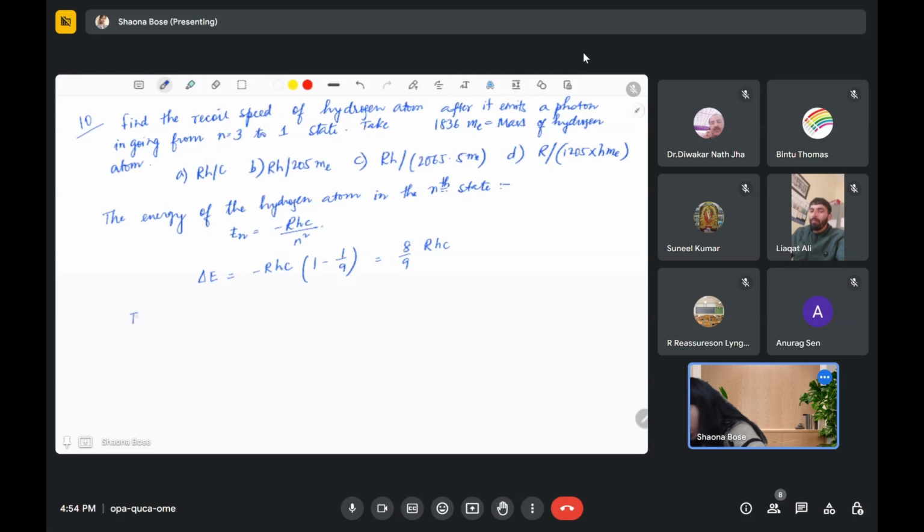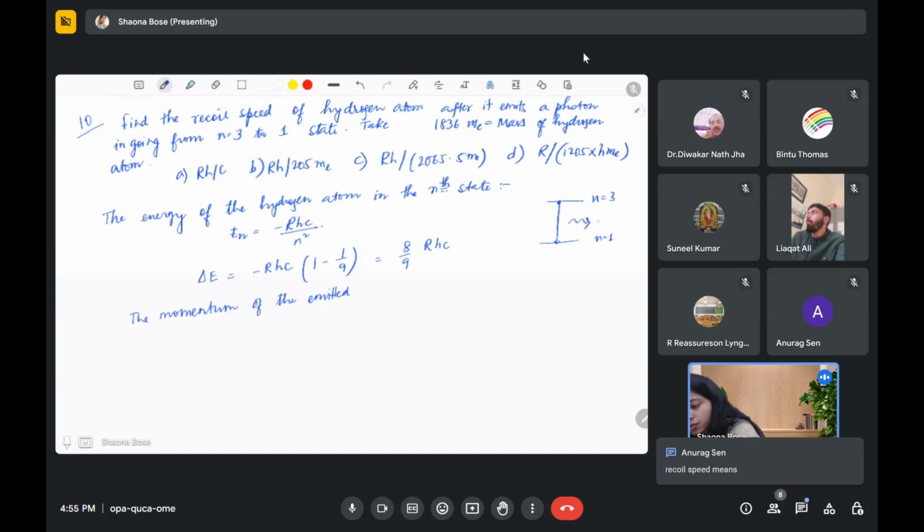So the momentum for the n is equal to 3 to 1 transition. This electron is coming down and you have this photon.